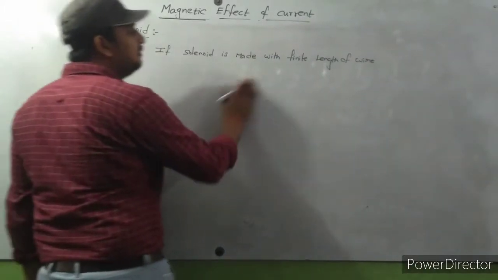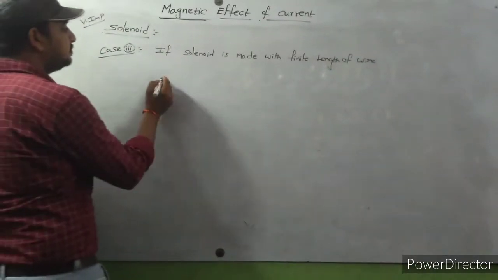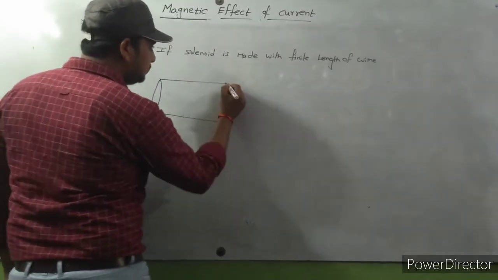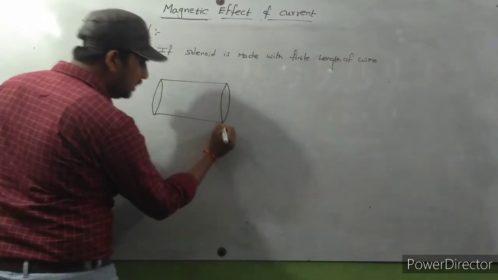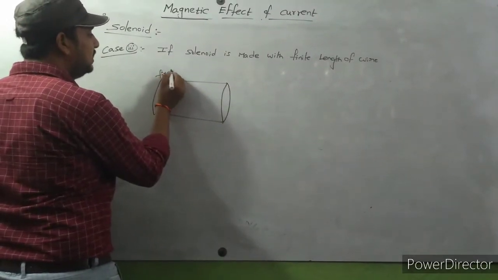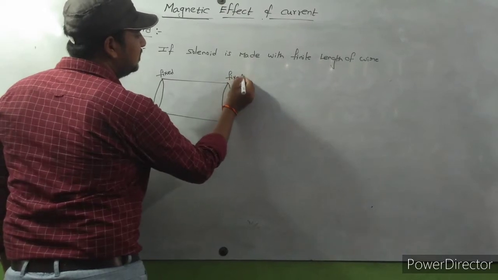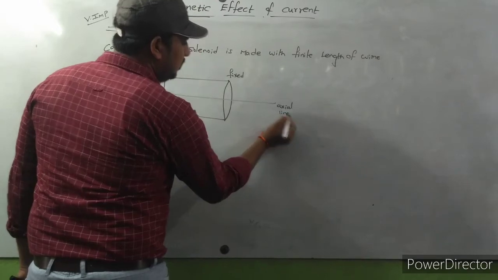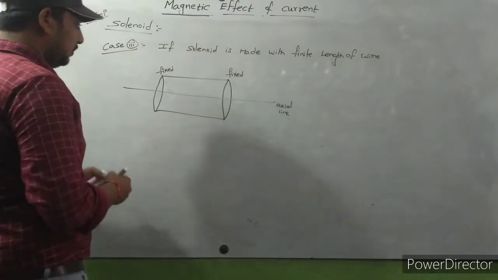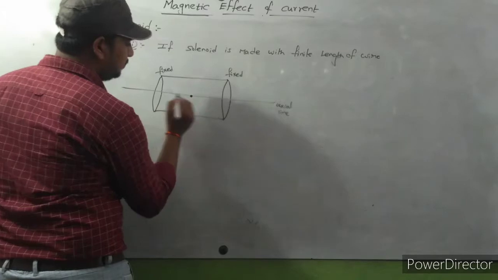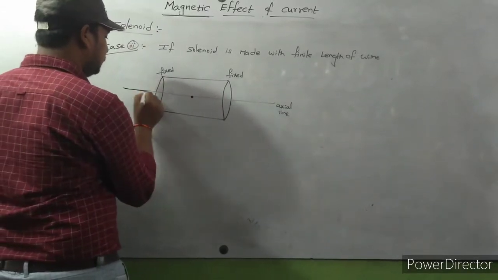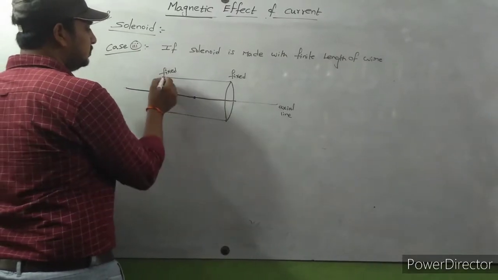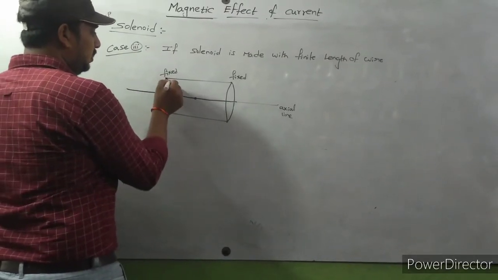Now, if the solenoid is made with finite length of wire, here is the solenoid, made with finite length. Finite length means the two ends are fixed ends. This is the axial line, and the point is here.